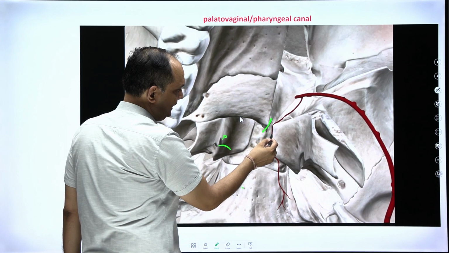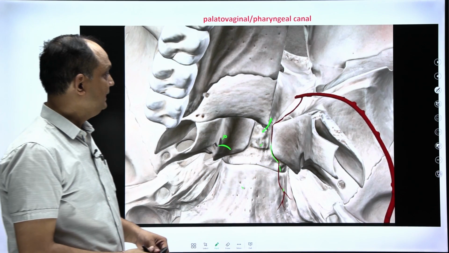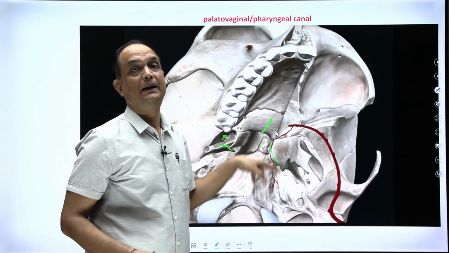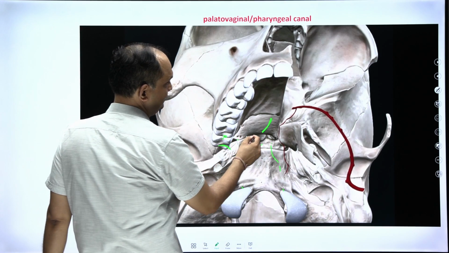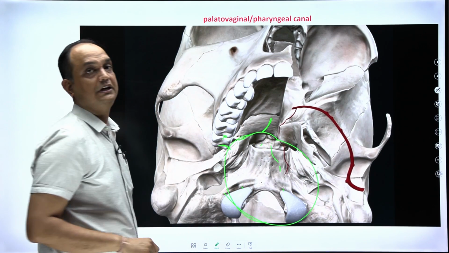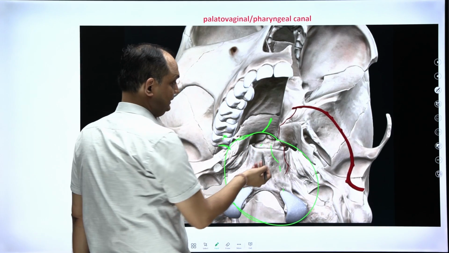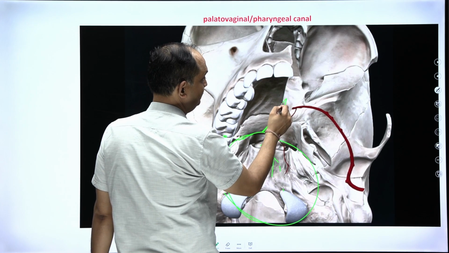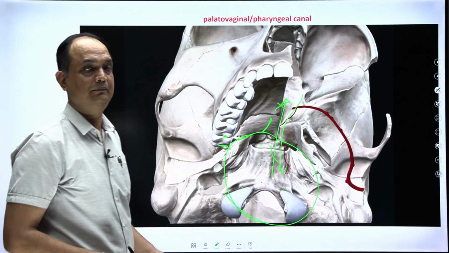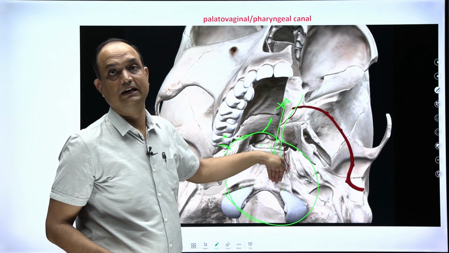Then the artery enters into the vomerovaginal canal, and then it supplies the pharynx. But suppose this canal is absent, then the artery will directly supply the pharynx, because this is the posterior margin of the hard palate, and behind that the pharynx will start. The important thing is that there is a confusion that it carries the blood vessel from posterior to anterior. No, the contents are coming from anterior to posterior in this canal.